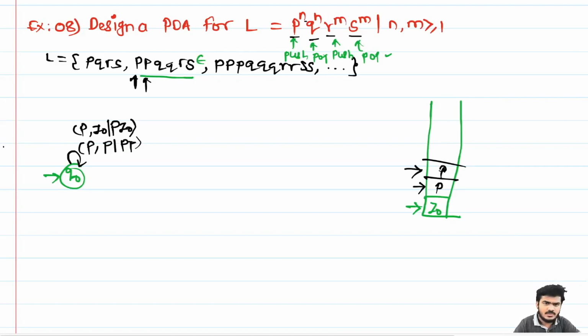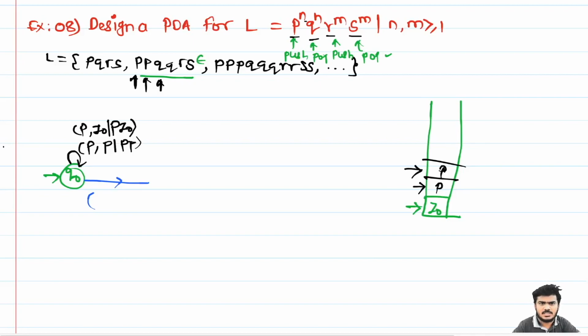After that, if q starts occurring and we need to compare p with q, we will change the state and start popping. Why are we going to change the state? Because if we give the transition in the same state, there is a possibility that p occurs again after that in the string, and that should not be accepted, since we want the language accepted by the pushdown automaton.